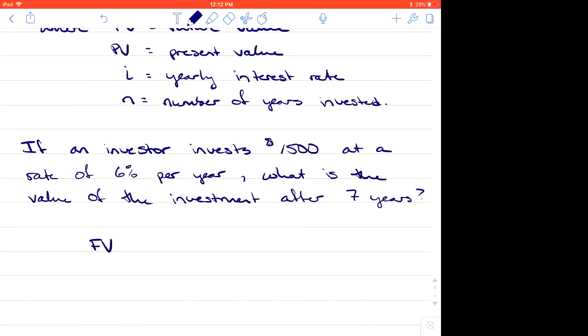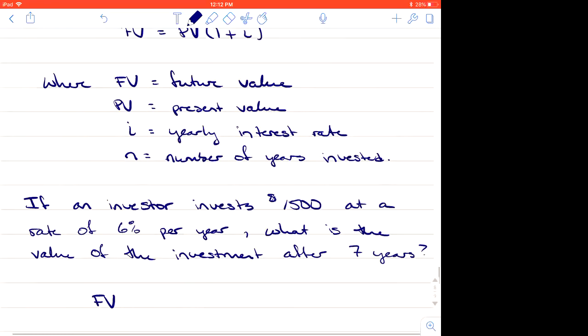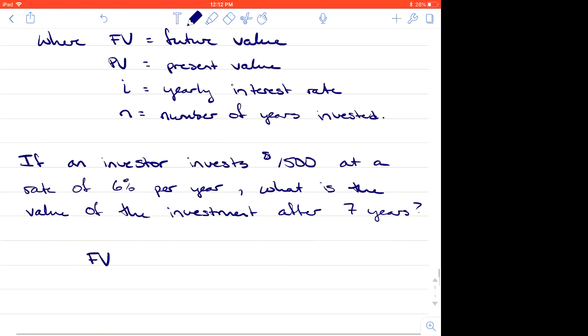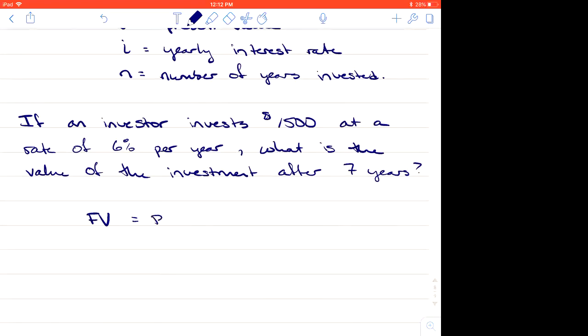So we'll write out our general equation, right, from up here. Okay. The future value is the present value times 1 plus i to the power of n. So in this case, right, we want to solve for our future value, right, because we know the initial amount invested, right, the 1,500.